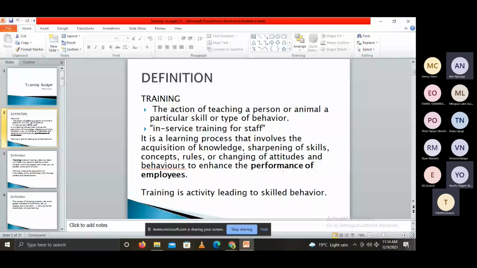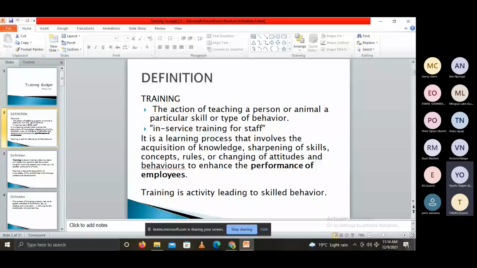And we sometimes talk about in-service training for staff. It is a learning process that involves the acquisition of knowledge, sharpening of skills, concepts, rules, or changing of attitudes and behaviors to enhance the performance of employees. So training is activity leading to skilled behavior.